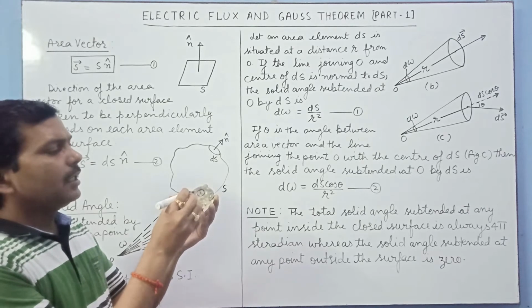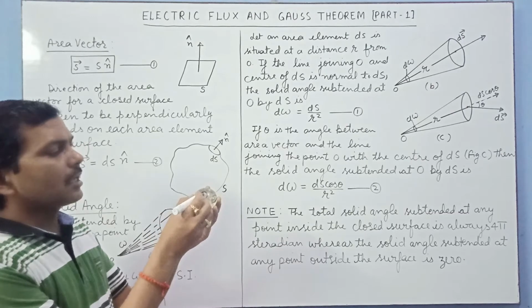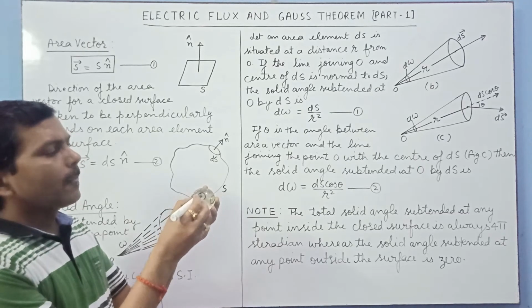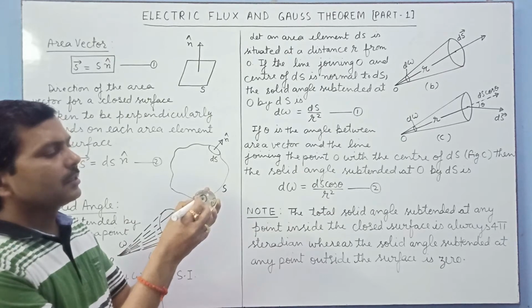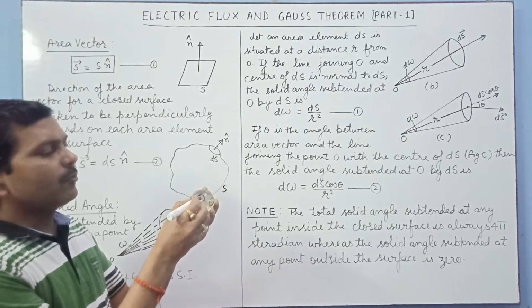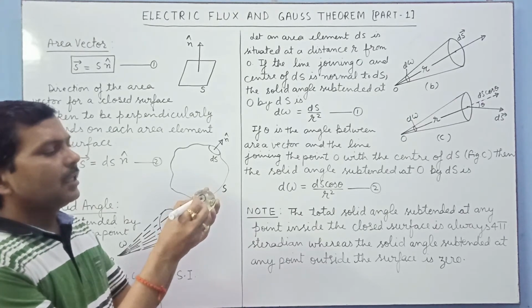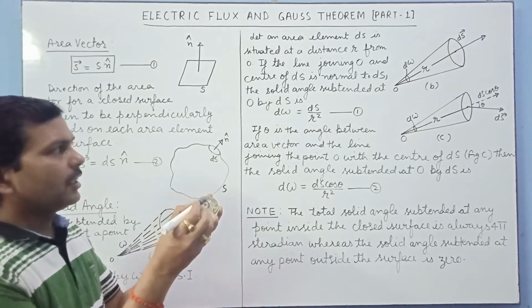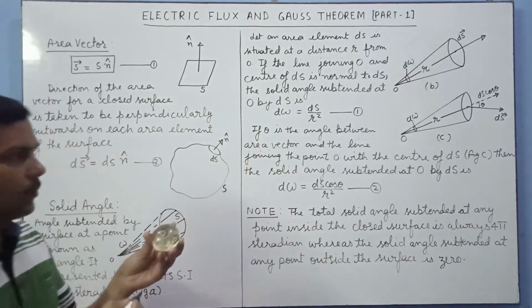If the line joining that point with the center of this element area is normal to the surface, means area vector and the line joining from the point inside this surface with this point is in same direction, in that case, d omega is equal to ds by r square.